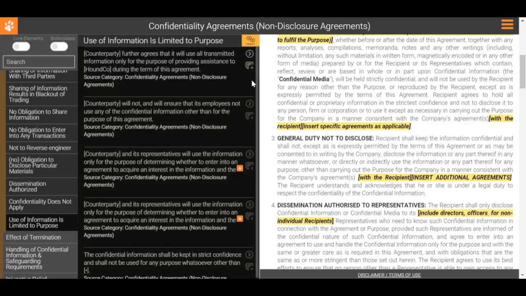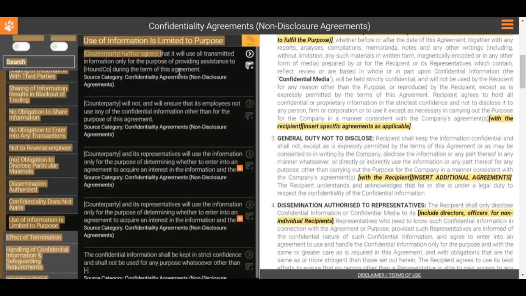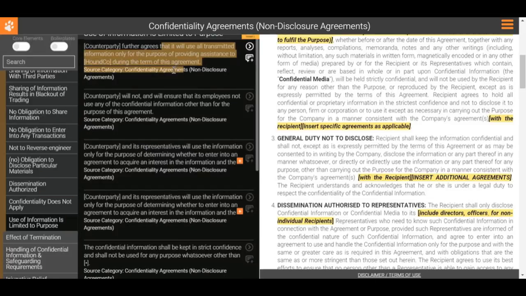You can see in this first example, the counterparty agrees that it will use all the transmitted information only for the purpose of providing, and again, it's that purpose. The counterparty will ensure that its employees will only use the confidential information for the purpose of this agreement. So this is a very tight restriction. It's usually a blanket restriction that the recipient of the confidential information will use their best efforts to preserve and protect the confidential information in the same manner that you would preserve your own personal information.